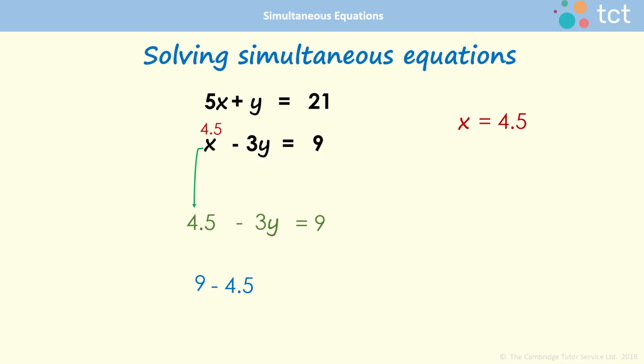If you find the difference between 9 and 4.5, you'll find that you have 4.5. 4.5 is the same as 3y. So we divide 4.5 by 3, and that's 1.5. And remember, it was negative 3y. So y is negative 1.5.